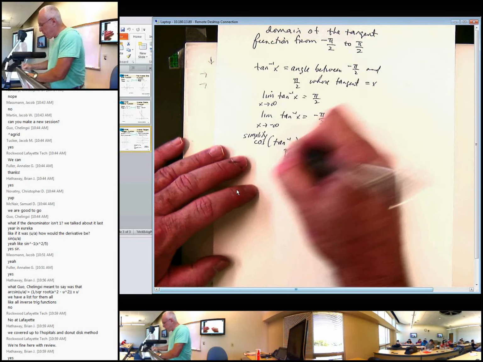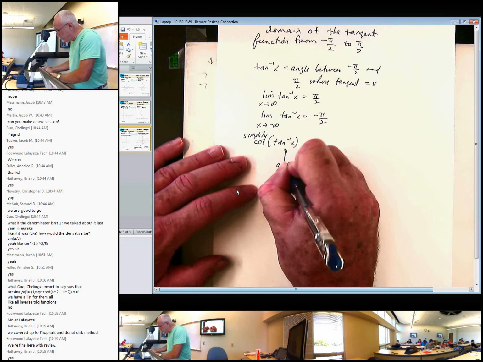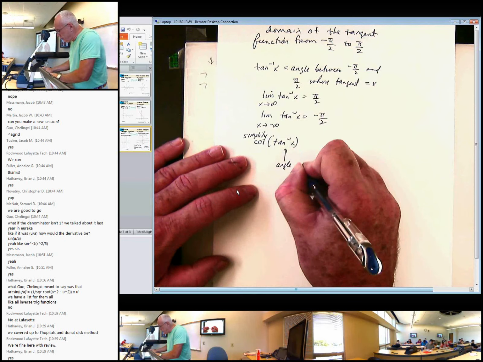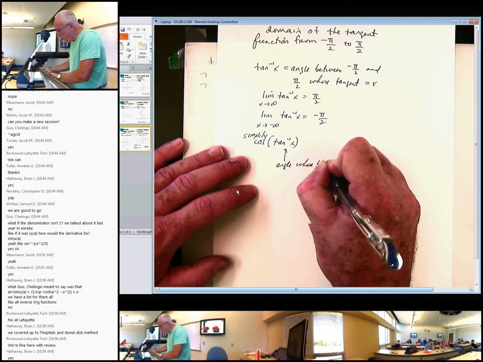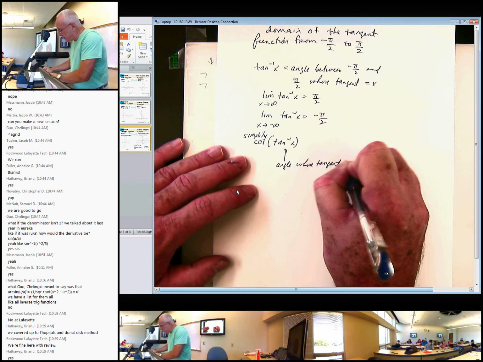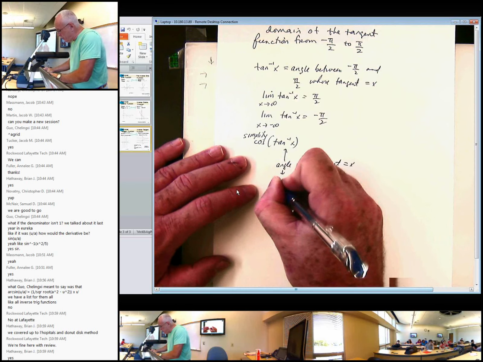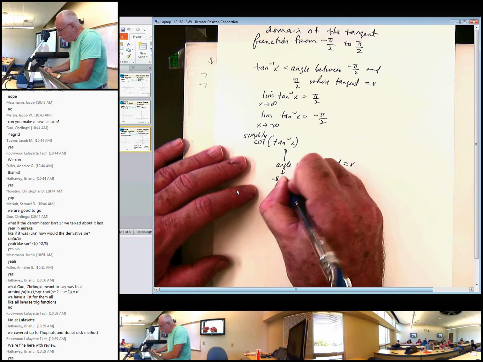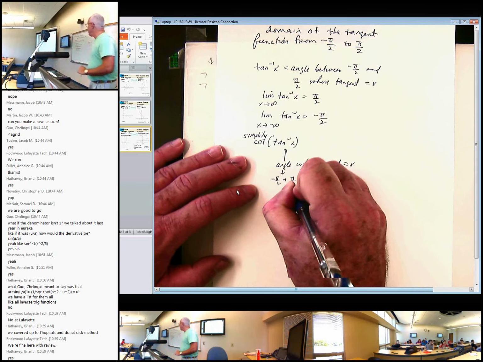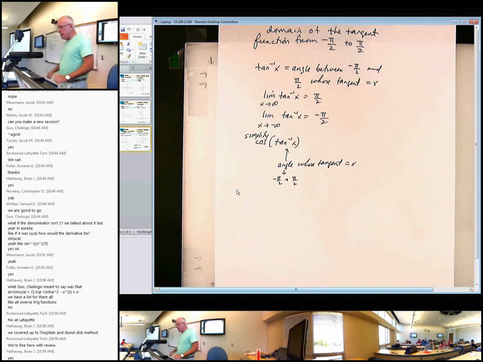Remember, the tan inverse of x is the angle between minus pi over 2 and pi over 2 whose tangent is equal to x.